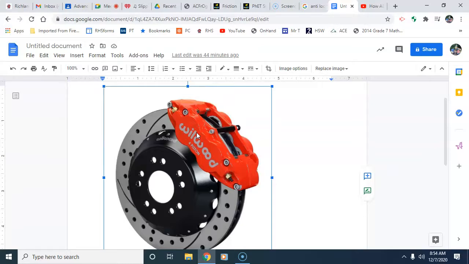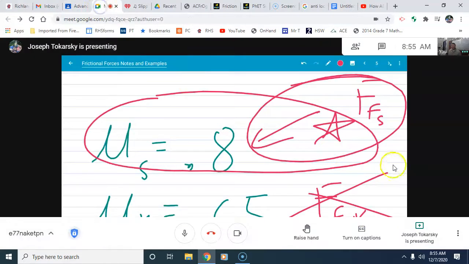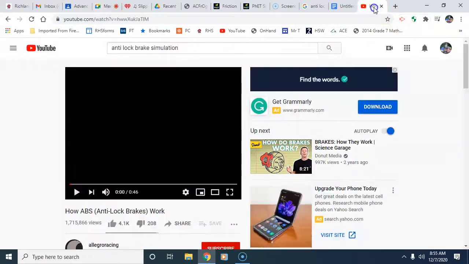It's not perfect, but it does avoid it pretty well. And it helps you stay under static conditions as opposed to kinetic. And just to reiterate what I said, this is a very short video we're going to all watch together right now of this being explained with a little simulation as well.